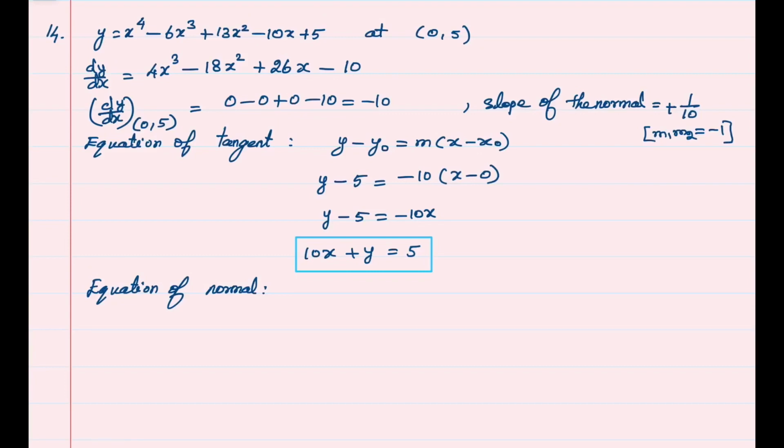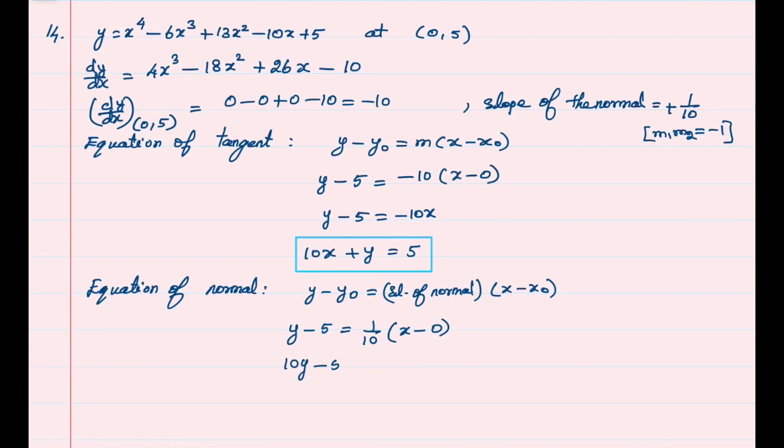Now we will write the equation of the normal, which is y minus y0 equal to, here we have to write slope of the normal, times x minus x0. Y minus, the point of contact is (0, 5), y coordinate is 5, slope of the normal is 1 upon 10, x minus x0 is 0. Let us cross multiply. 10y minus 50 is x. Therefore, the answer is x minus 10y plus 50 equal to 0.